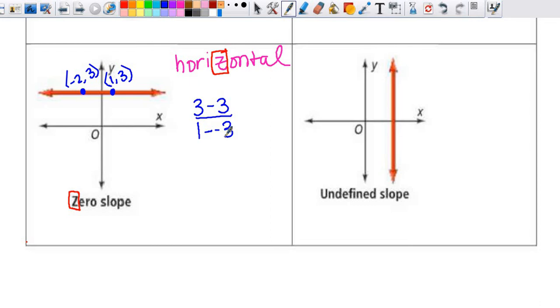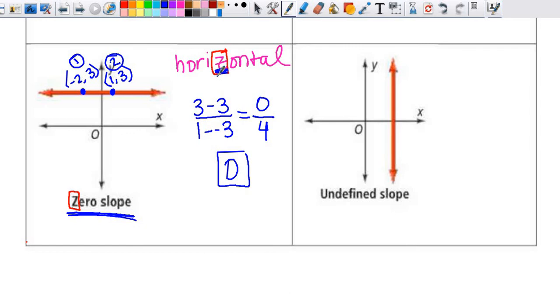Notice I was reading left to right, so here's my second coordinate. Here's my first coordinate. All right, so 3 minus 3 is 0. 1 minus -3, it's the same as 1 plus 3, which is 4. 0 divided by 4, or really 0 divided by any number, is still going to get you 0. And notice we should have a 0 slope because horizontal lines have a 0 slope.